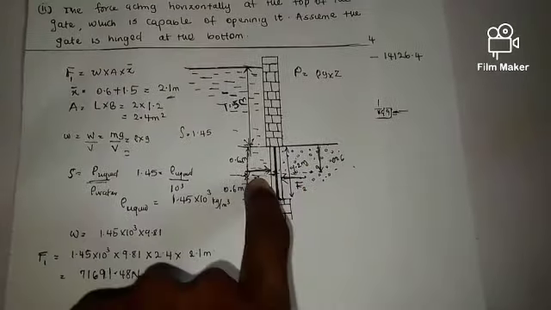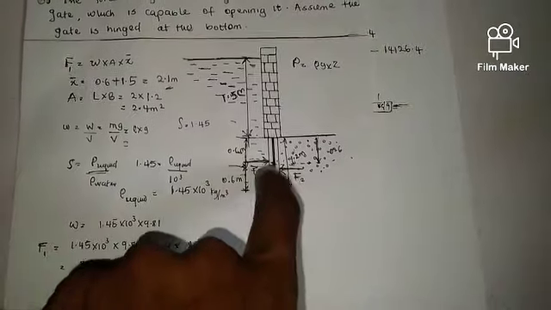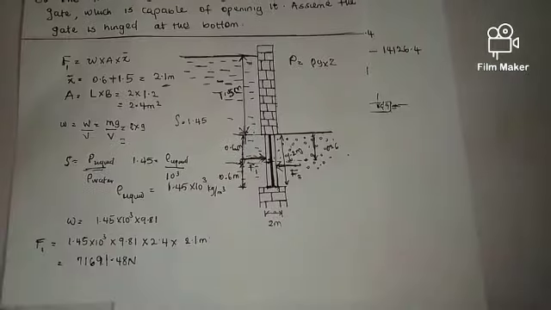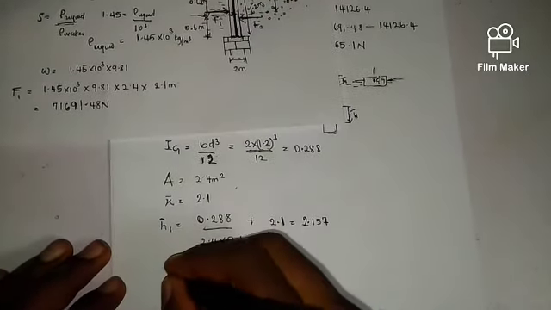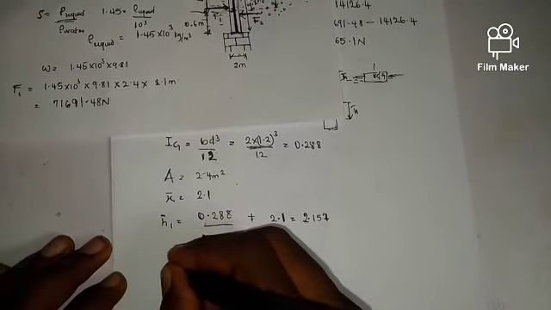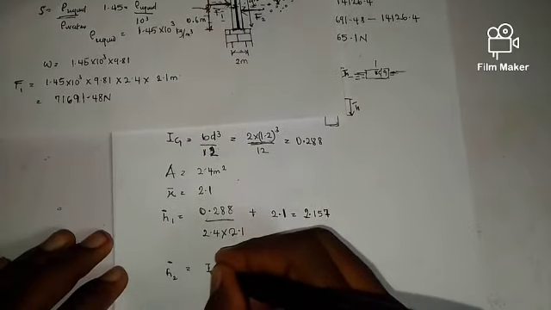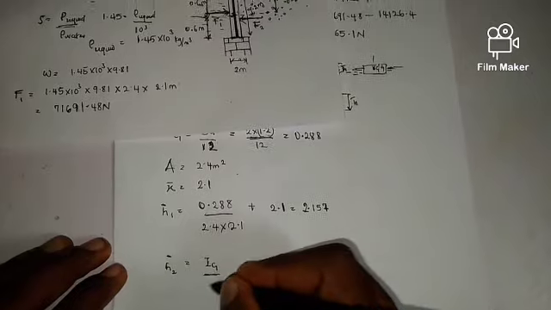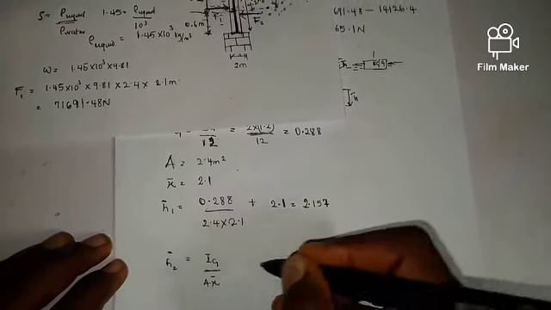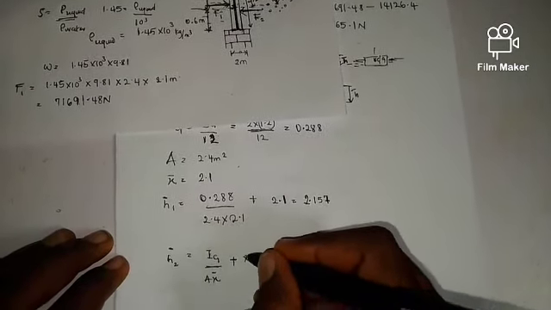Now, let's consider the center of pressure acting on this gate due to the surface of water on the shorter side of the stream. So let's call it H bar 2. H bar 2 is equal to moment of inertia about center of gravity divided by area times X bar, plus X bar.